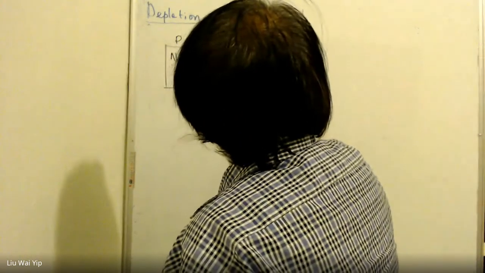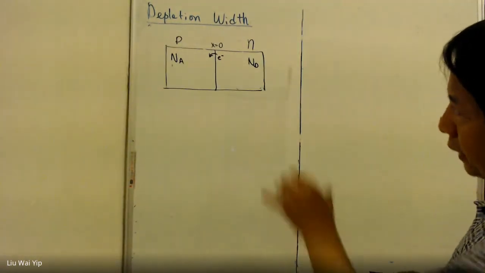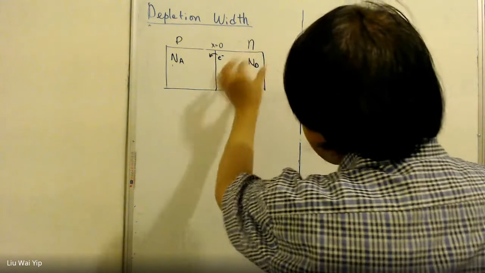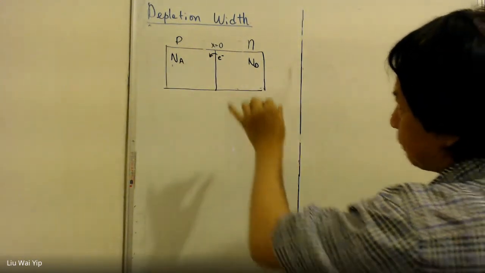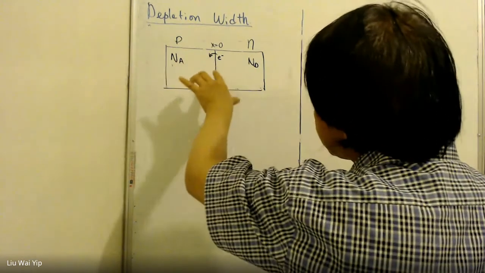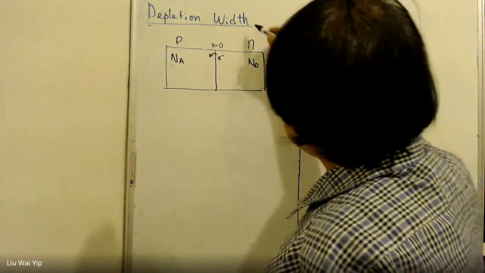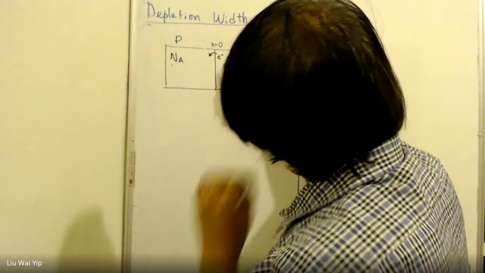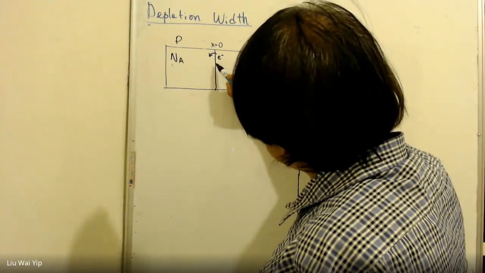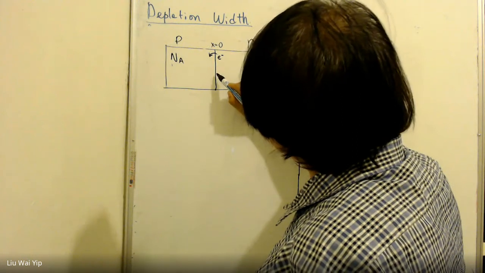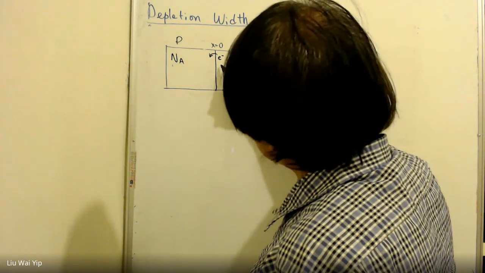As a result, the N region itself is originally neutral, but because of the transfer of electrons right at the interface, in the neighborhood of the contact interface, the N region ends up losing electrons.